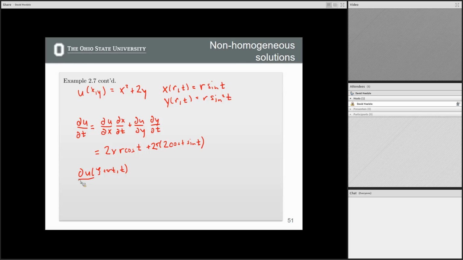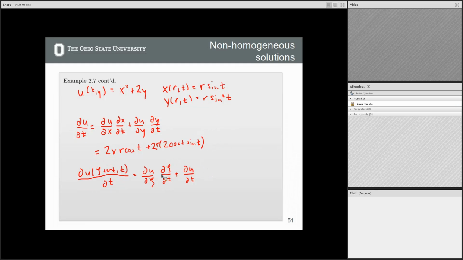So I want to know what this is, partial with respect to time: partial u, partial zeta, partial zeta, partial time, plus partial u, partial t, partial t, partial time. And I could just fill this out and say, what is partial t, partial time, but that doesn't make any sense, right? That's just one, right? So I'm just going to simplify that.